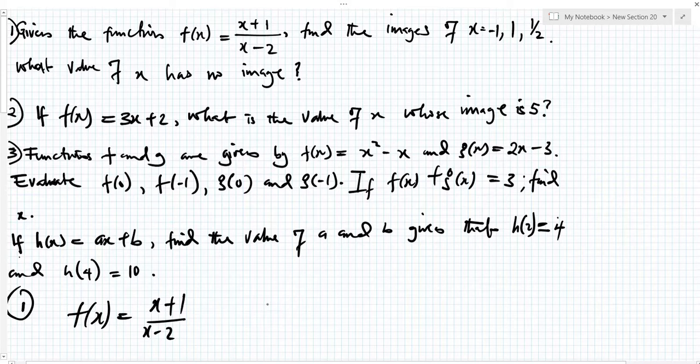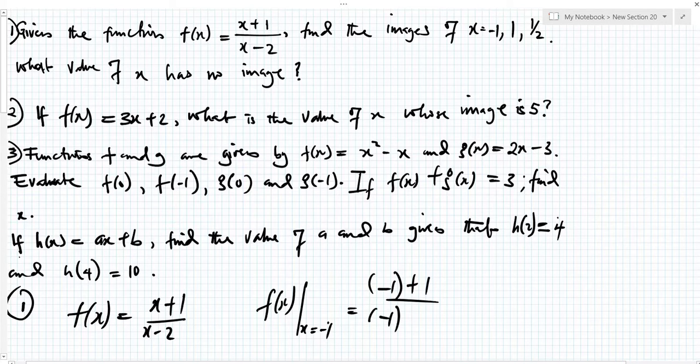So f of x, where x is equal to minus 1: whenever you see x, you substitute minus 1 for it. So here we have minus 1 plus 1 all over minus 1 minus 2.